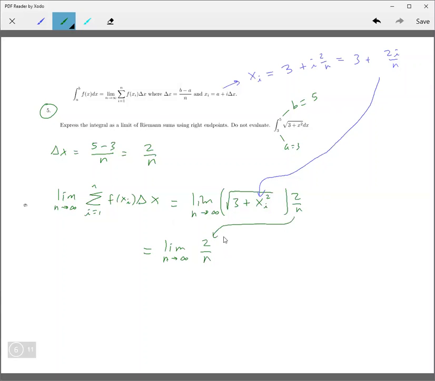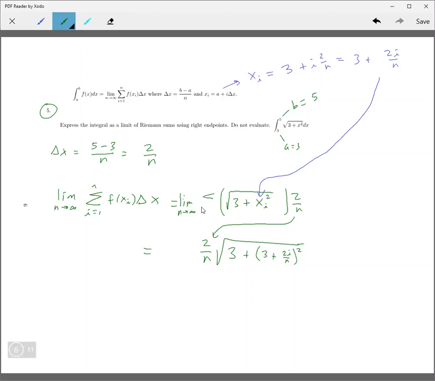Let's put the 2 over n out front. And again, this 3 plus 2i over n goes in here. It's all squared. It's that whole xi squared right there. Again, I forgot to put the summation sign.